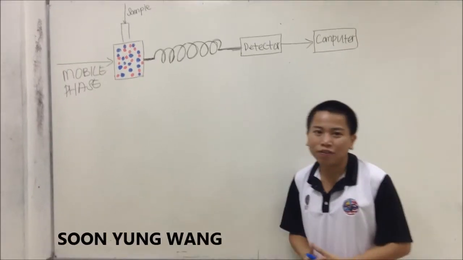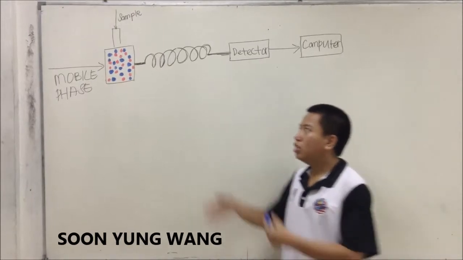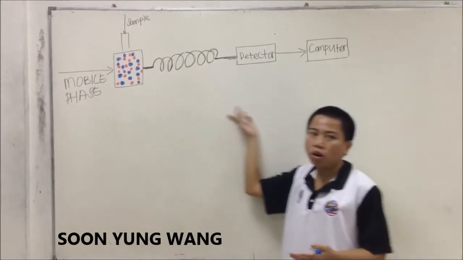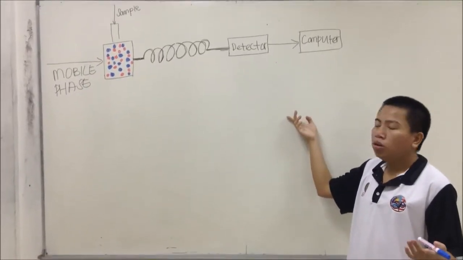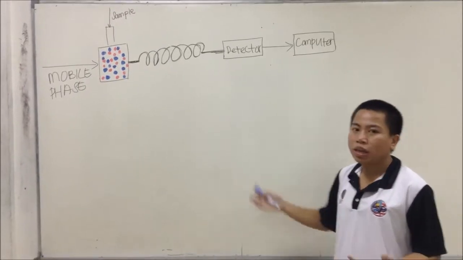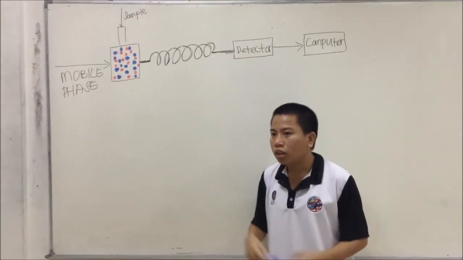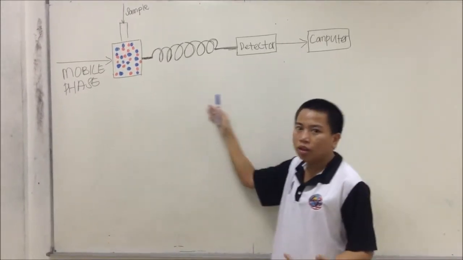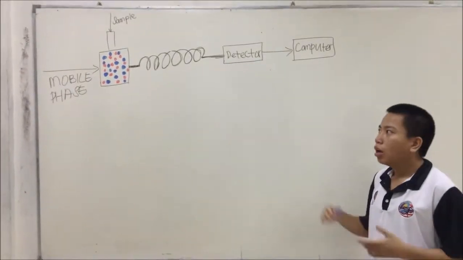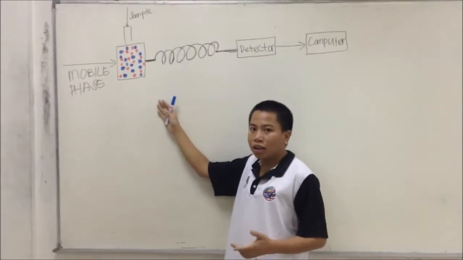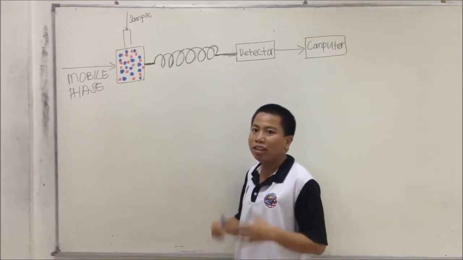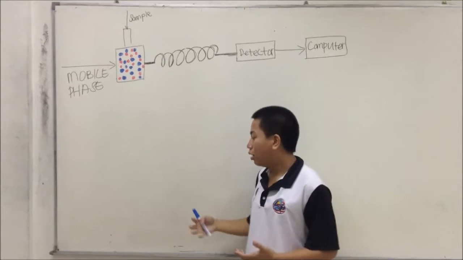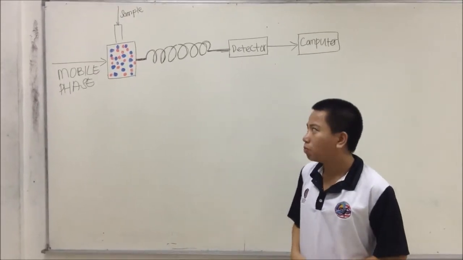How does gas chromatography work? First, you have to inject the sample into the box. Although the sample you inject is in liquid phase, it actually evaporates itself into gas phase once it enters the box. The different colors shown here indicate the compounds that appear in the mixture.